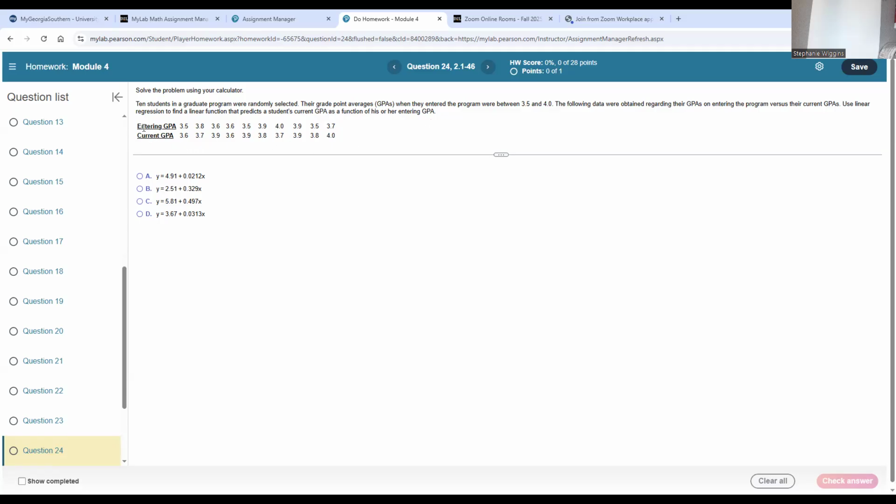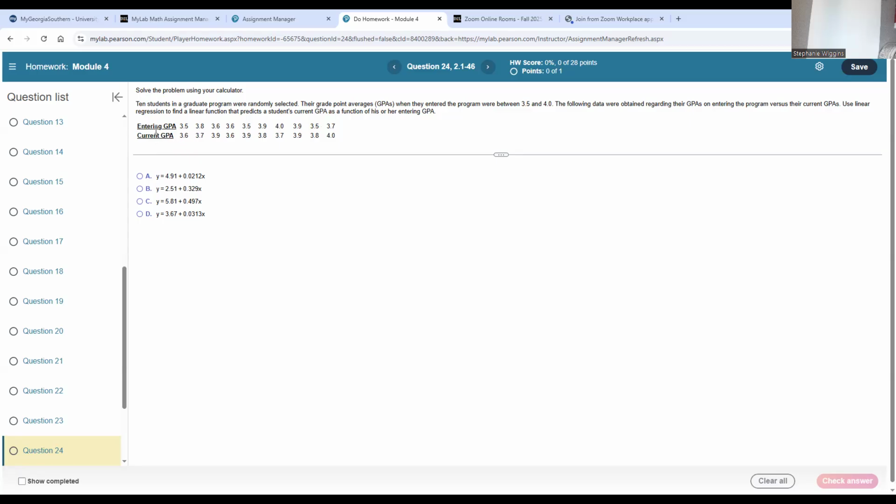That refers to the independent variable being the x-axis. So these data points on the top are the x values, and the current GPA depends on what x is, whatever that input is, your output. So if your input is 3.5, your output is 3.6. And the output is the dependent variable because it depends on what your input is.